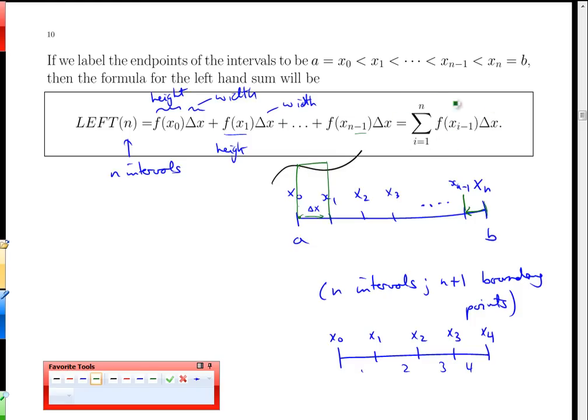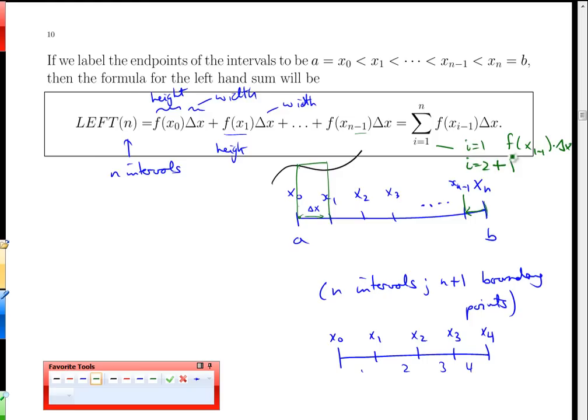Notice we can write this in summation notation. It's not going to be a big feature of this course, but it's worth seeing if you haven't seen it before. This kind of sum, you're letting i equal 1, and then you'd have f of x1 minus 1 times delta x, and then i would equal 2.